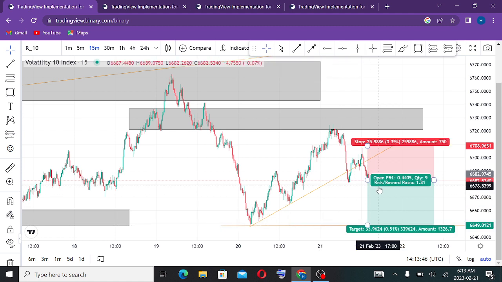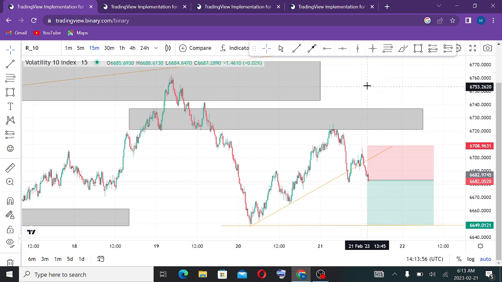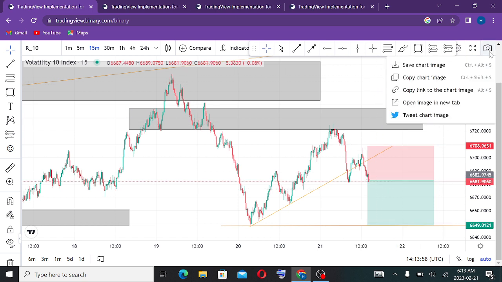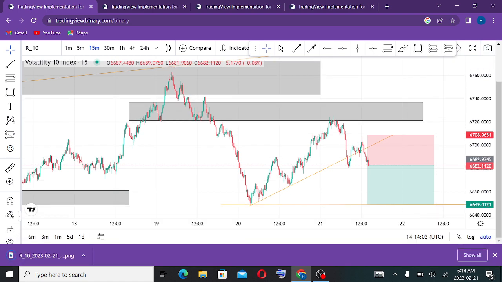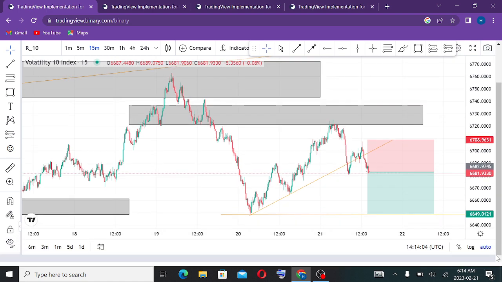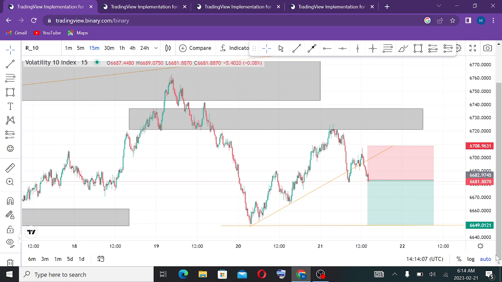So this is like a 1-to-1 risk to reward ratio, but in any case you can still hold that trade. All you do is calculate your risks properly and let it play. So for this one I would screenshot it. Okay, I've taken a capture of it. I'll post it so that you can see it, and also post the after so that you can see it.